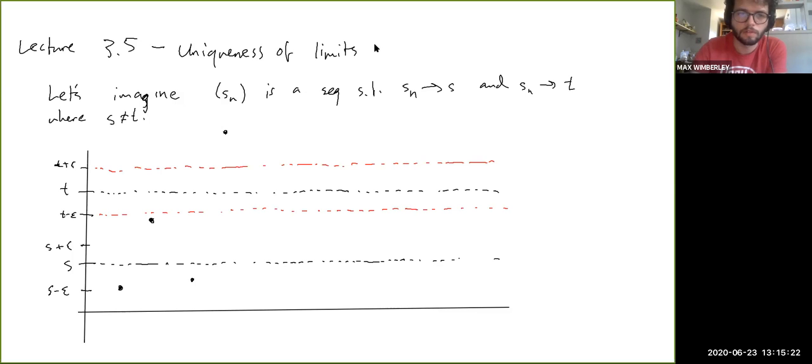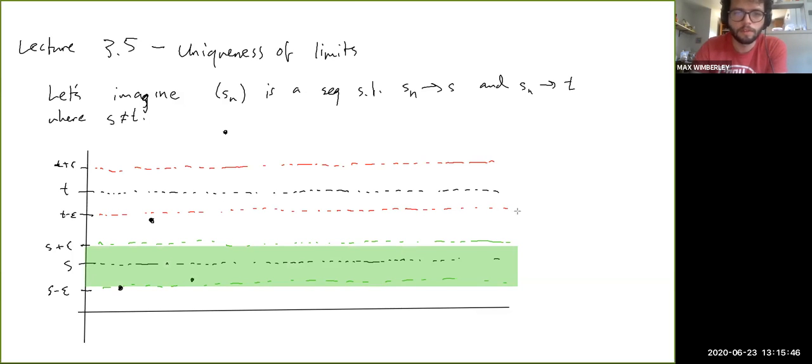I'll just make this one green. Actually, hold on. I think I saw a, what if I do this? Oh, hey, what do you know? All right, nice. So that looks pretty good. Okay, so we have this red band and we have a green band.